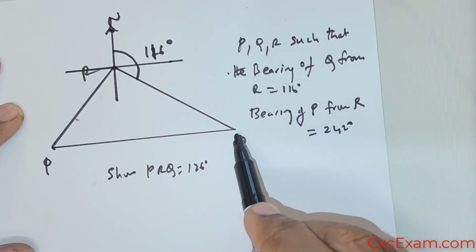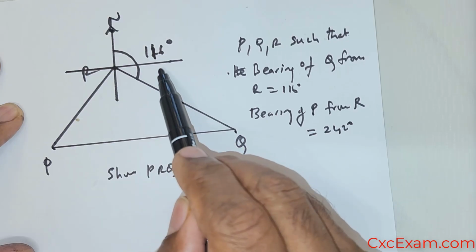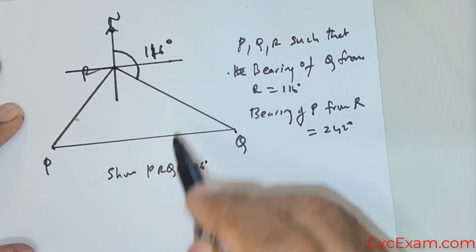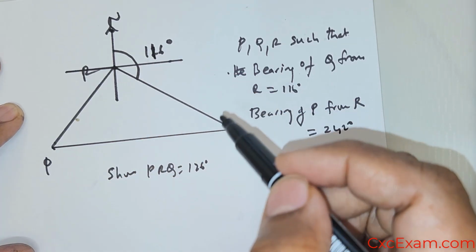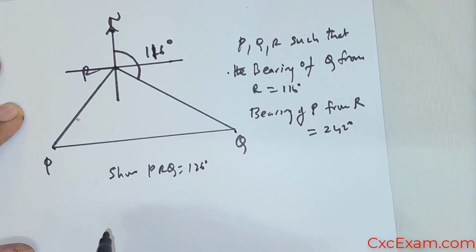Right, so the bearing of Q from R, so R is this point, is 116 degrees, and the bearing of P from R is 242 degrees.